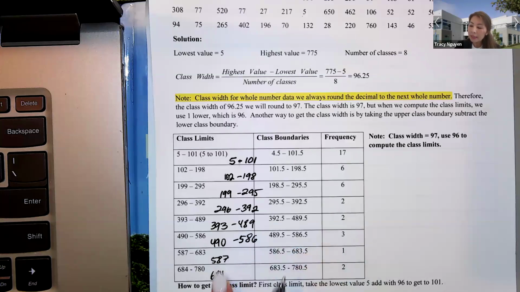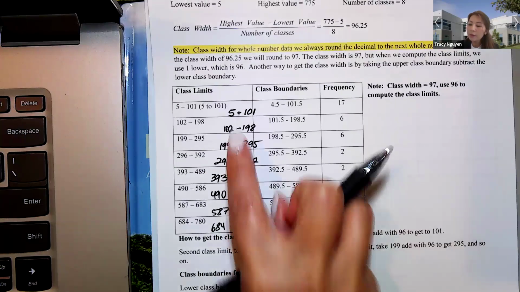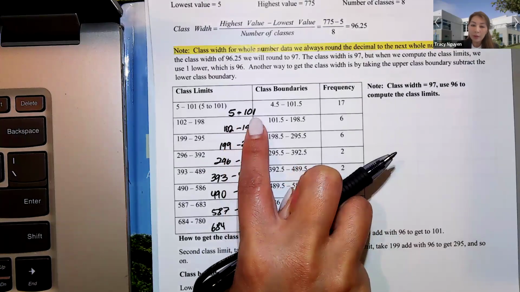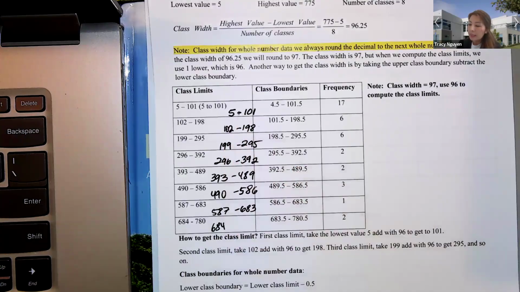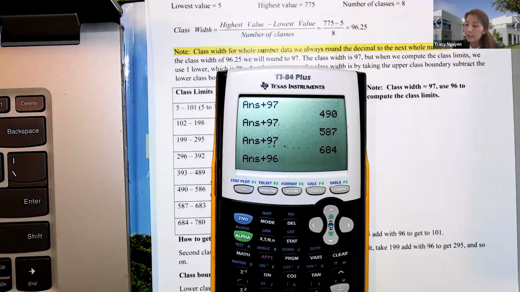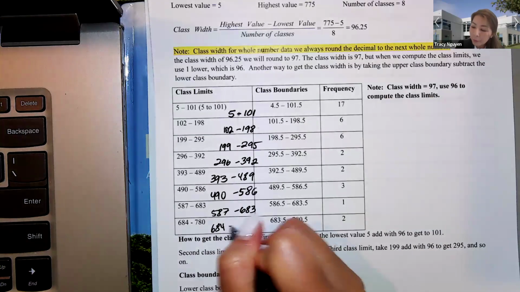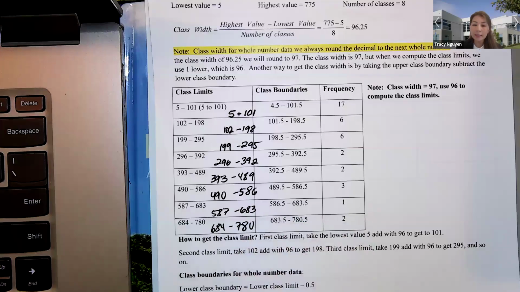This one starts at 684, then it has to end at 683. And for the last class, from 5 to 101 is 96, so you add 96 to 684, and you would end it at 780. That's how we come up with the class limits.